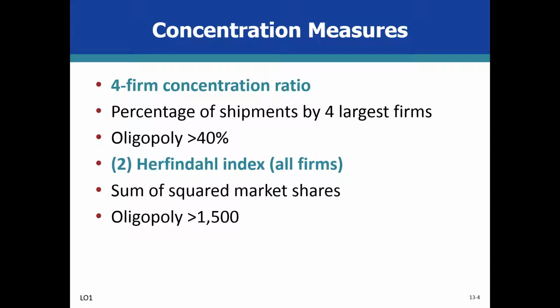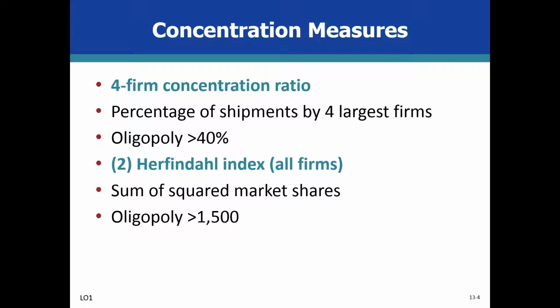Let's go back for a moment to how we measure concentration. The 4-firm concentration ratio measures the percent of sales by the 4 largest firms in an industry. Typically, the 4 largest firms in an oligopolistic industry have a combined share of 40% or more.